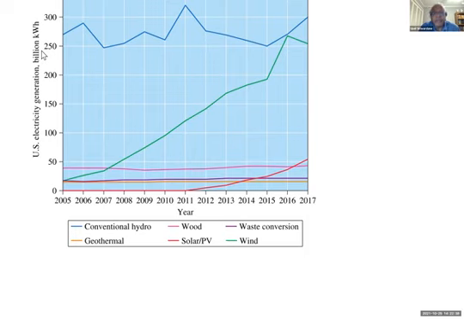So if you look at that, hydro is on the top with the blue, with the most energy.